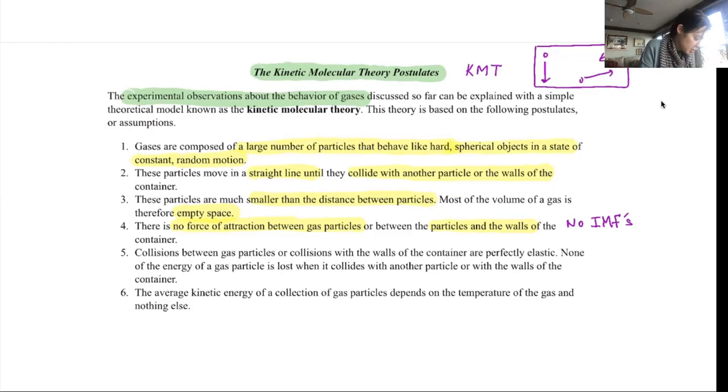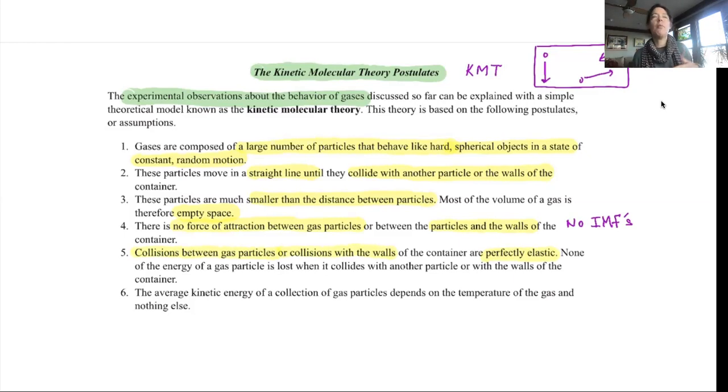The next postulate is that collisions between gas particles with themselves, or collisions between gas particles and the walls of the container, are perfectly elastic. What does that mean? It means when they collide, they bounce right off of each other. They leave with as much energy as they came with.